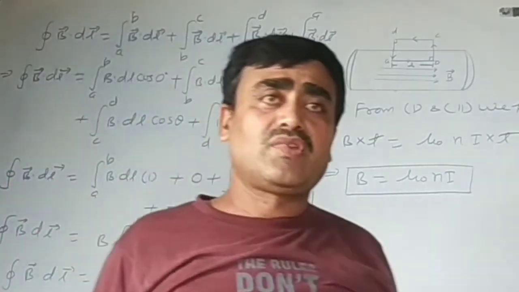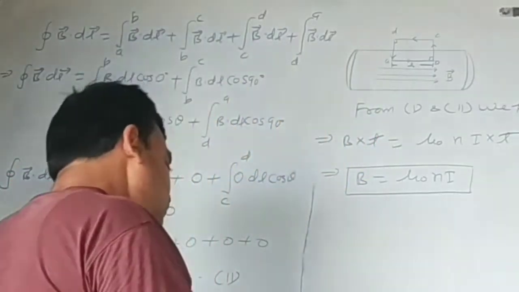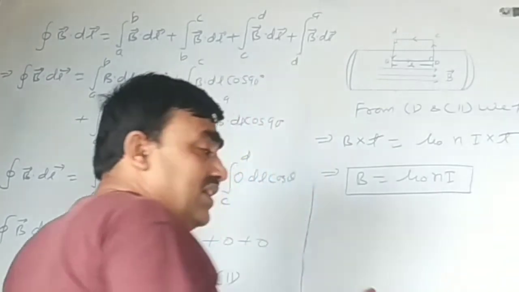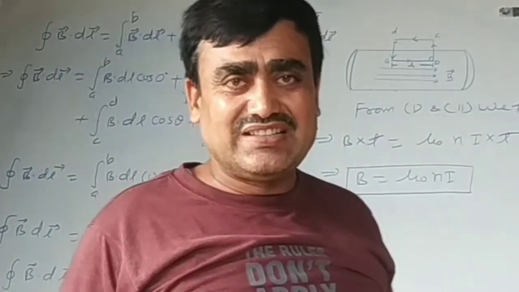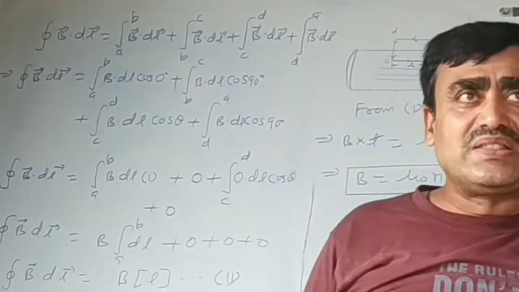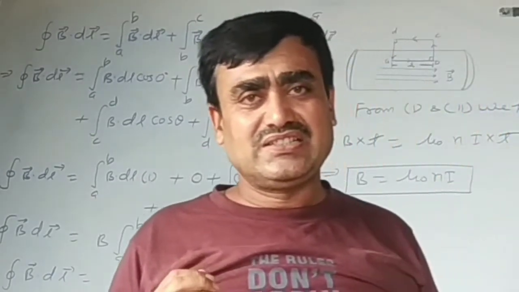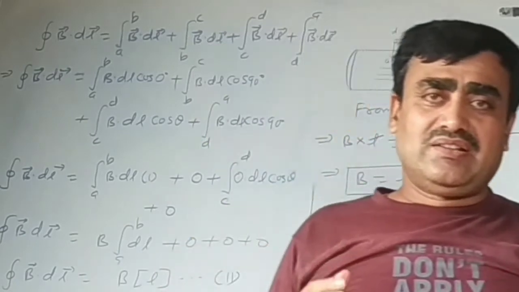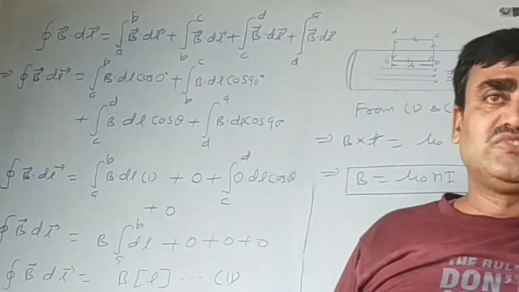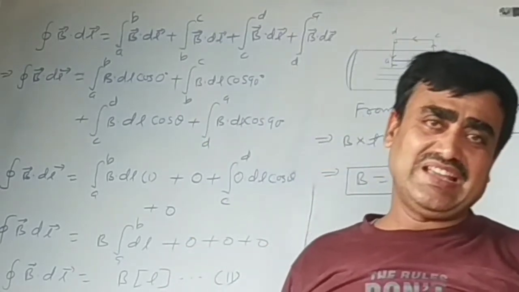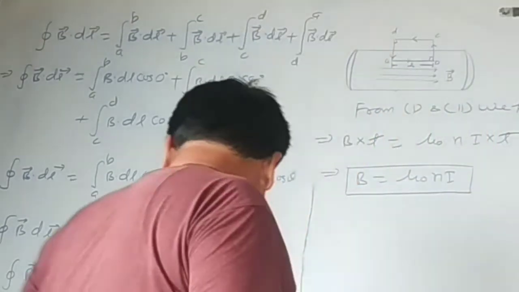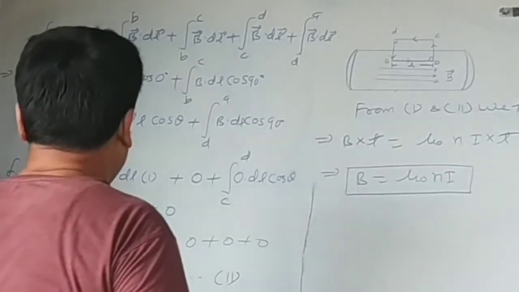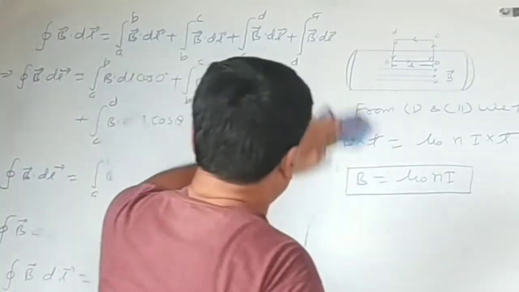Now I will discuss here what a toroid is. Have you heard the name toroid? No. I will tell you. The endless solenoid is called a toroid.